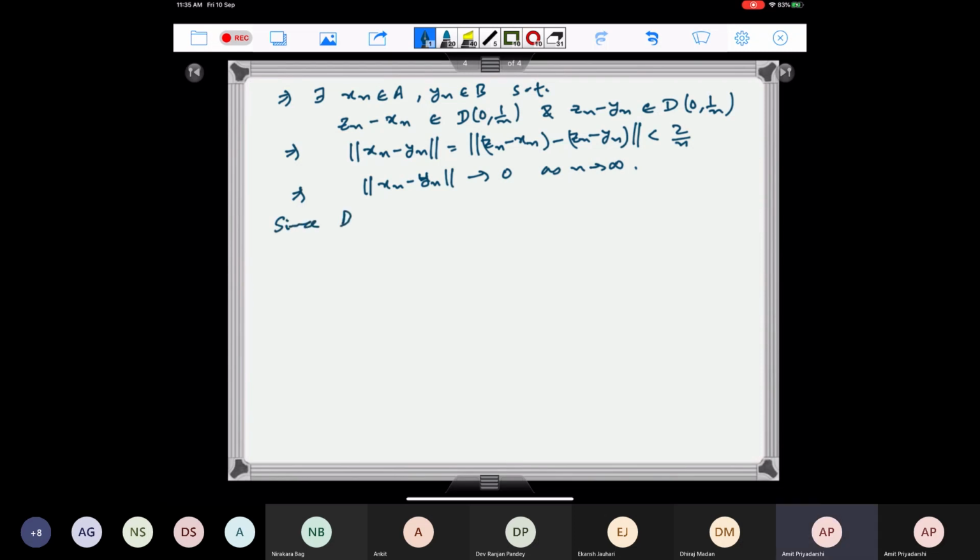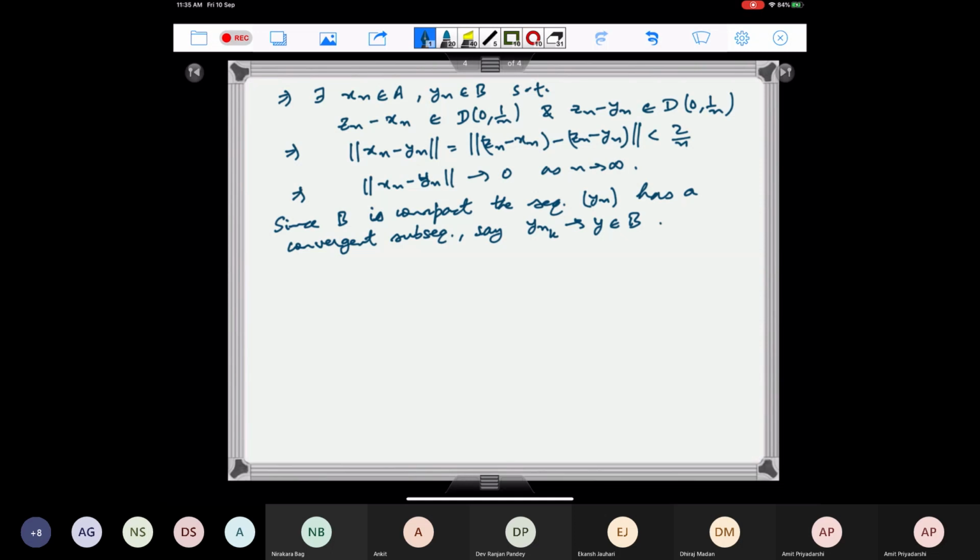Since B is compact, the sequence yn has a convergent subsequence, say ynk, converging to some point, let's call it y, in B.